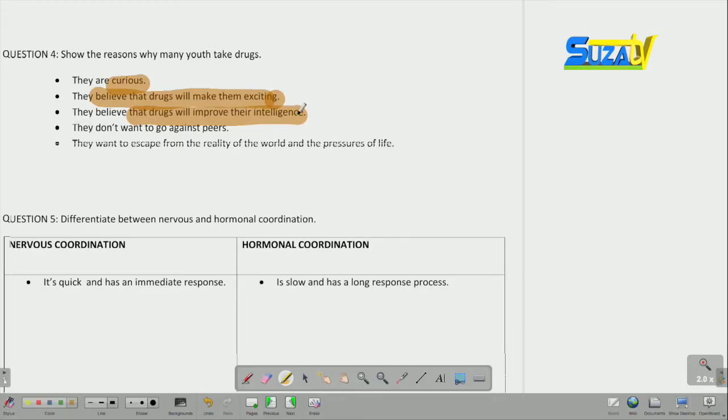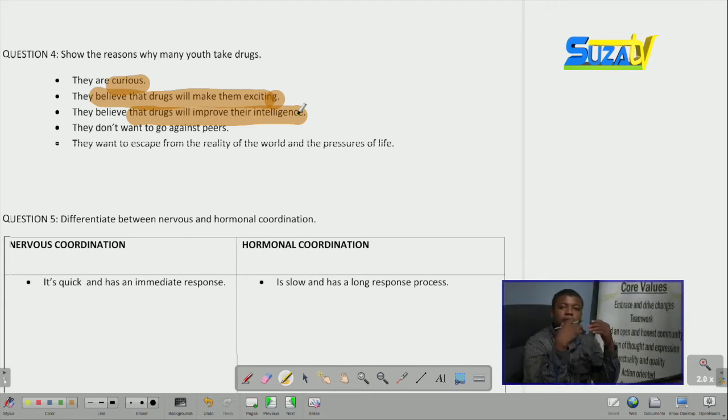Also, they believe that drugs will improve their intelligence. There are some people who think that using drugs can improve their thinking capacity and answering capacity. As you all know, some people say that smoking marijuana can increase brain capacity, so that it can work better.